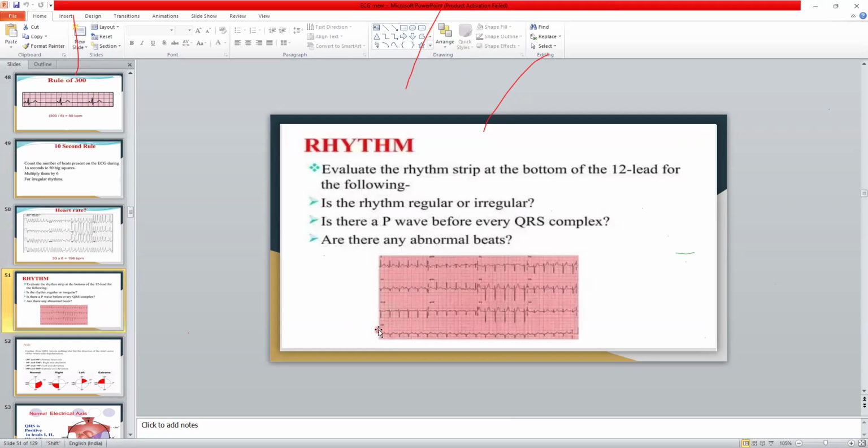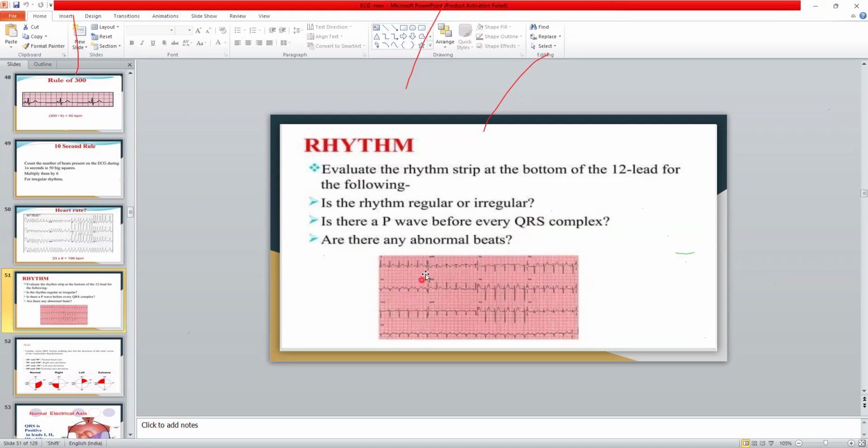You have to see whether the rhythm is regular or irregular. Is there a P wave before every QRS complex? Because sometimes, especially in atrial fibrillation, there will be absence of P wave with the irregular rhythm. So, you have to see whether the P wave is present before every QRS complex.